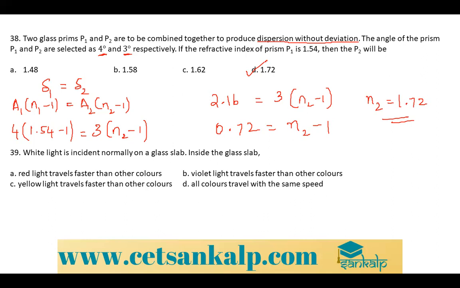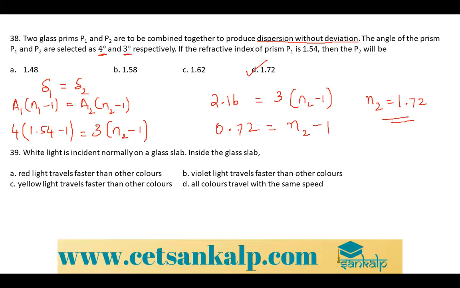Did you understand? Right. Next: when white light is incident normally on the glass slab, inside the glass slab, red light travels faster than other colors.